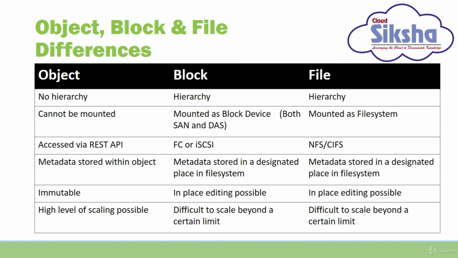For example, Amazon has S3, Azure has its own object store, Google has its own object store. Similarly, all of them would probably have a file solution. Azure has its own file solution. Amazon has something called EFS for the file solution. And for block storage, all of them have block storage which can be attached to your system.